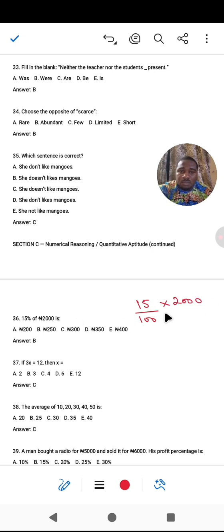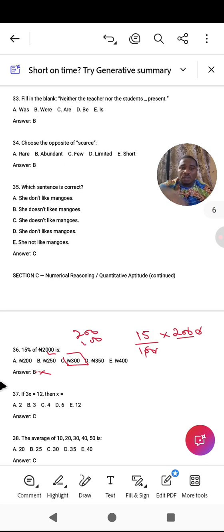It's very simple. 50 multiplied by 20, then you know that it is 300. So the answer to this in the brochure is not correct. The answer should be 300, because 10% of 20k is already 200, so 5% should be 100. So this is wrong. The person that compiled this result is wrong.